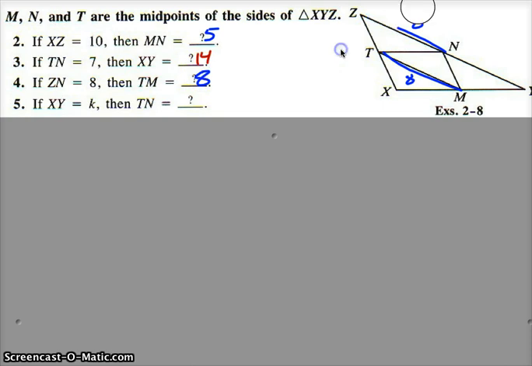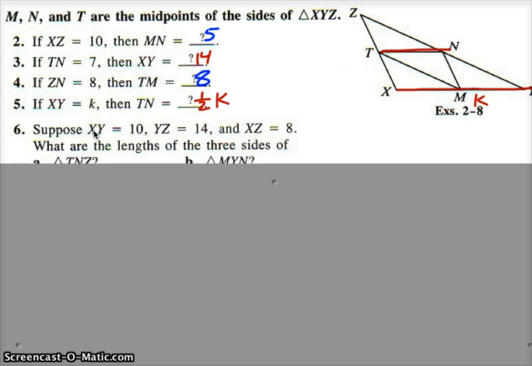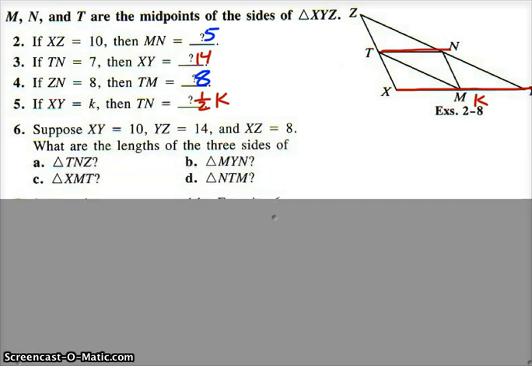Number 5. If XY is k, then TN, well, TN should be half of that, which is 1/2 k. Number 6 has a couple parts to it.